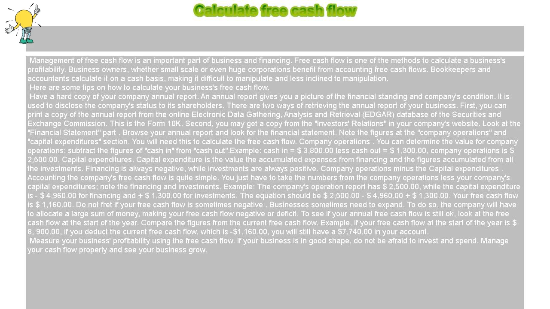Measure your business profitability using the free cash flow. If your business is in good shape, do not be afraid to invest and spend. Manage your cash flow properly and see your business grow.